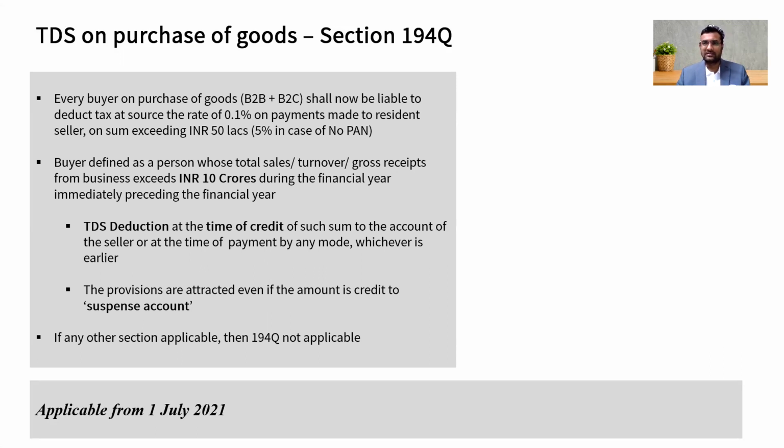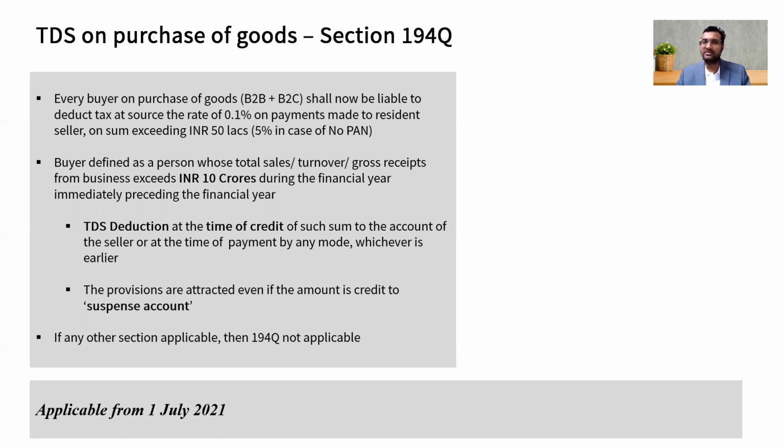And in case the seller is not furnishing the PAN number to you, you have to deduct TDS at the rate of 5%. We will come to why it is 5% and the rationale around that, but before that, I'm just trying to set the tone of this topic today.